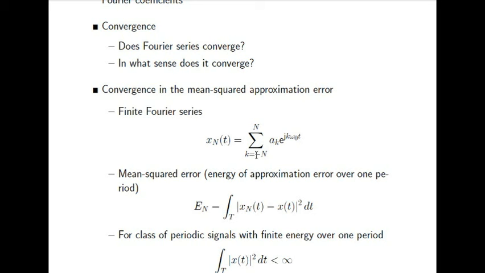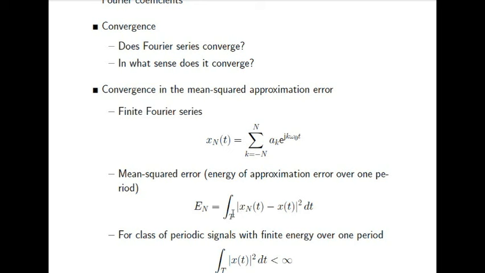If I want to calculate the energy of the approximation error, E_N equals the integration over one time period of |x_N(t) minus x(t)| whole square dt. Here, this term |x_N(t) minus x(t)| squared is the mean squared error.